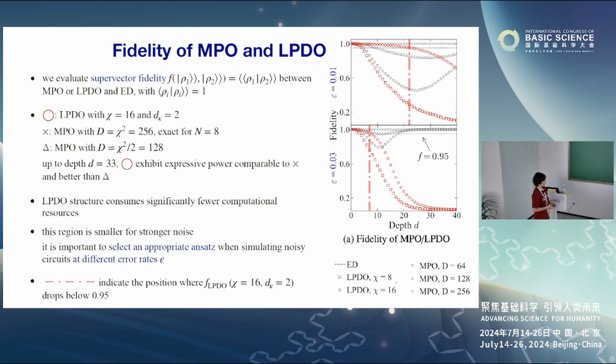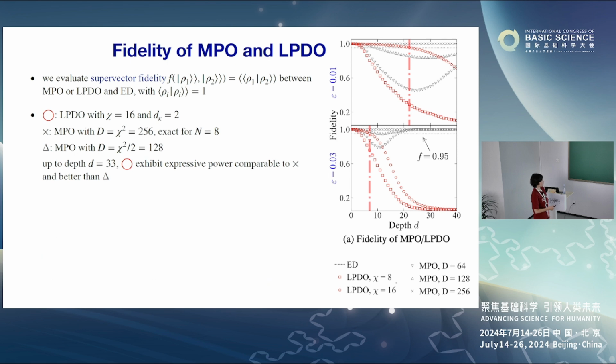When we do the truncation, we can use a smaller bond dimension. And this right dashed line indicates the transition point. From the fidelity, we have this transition point, and it is characterized by what we call the optimal depth.